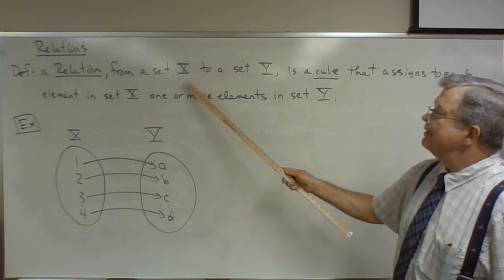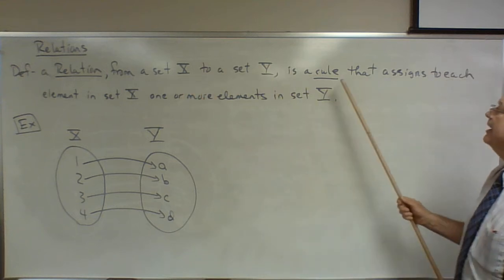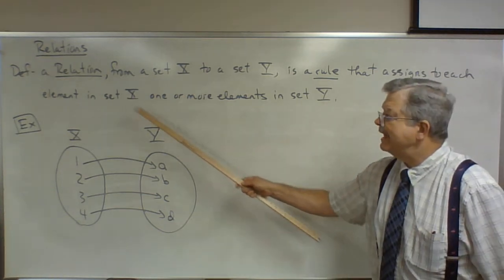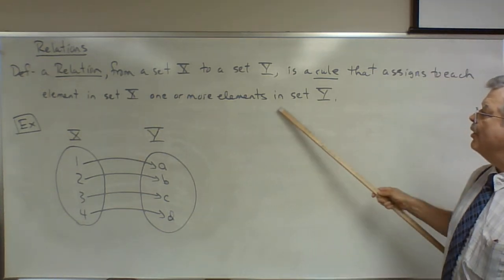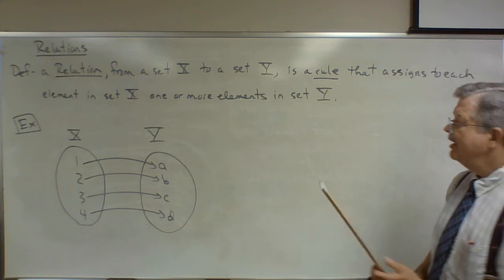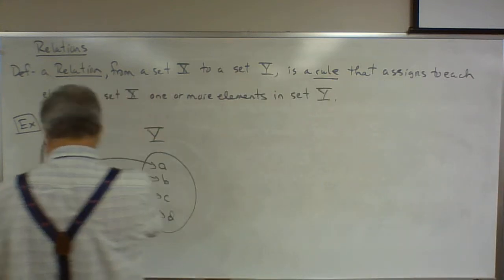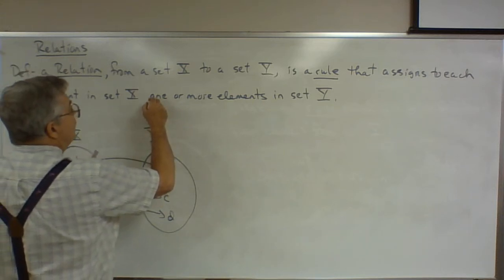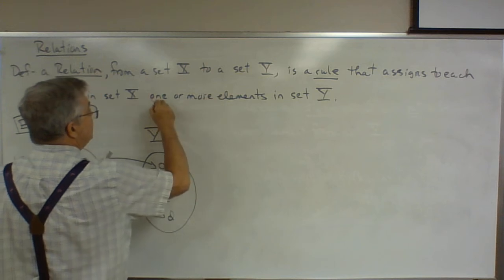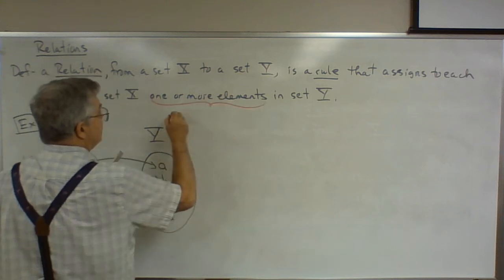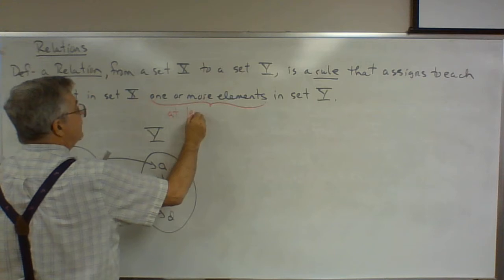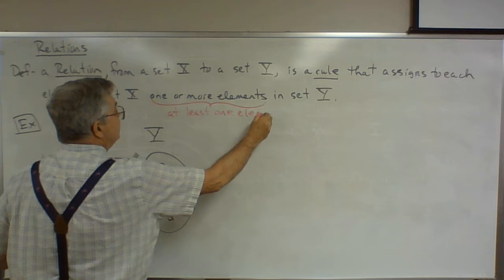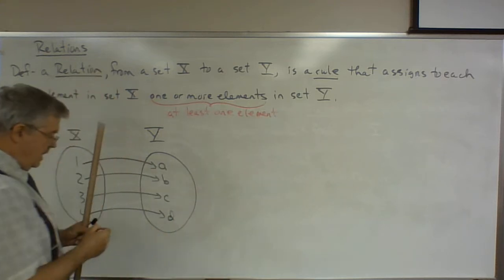A relation from a set x to a set y is a rule that assigns to each element in set x one or more elements in set y. Instead of saying one or more, we could say at least one element in set y.